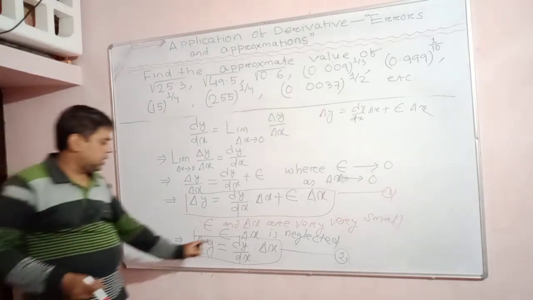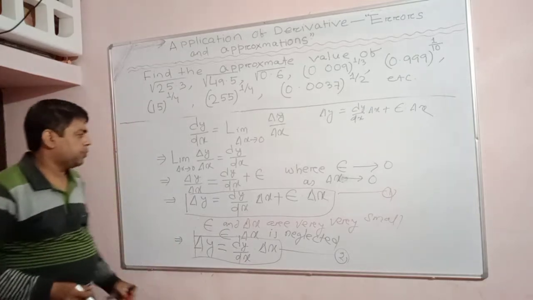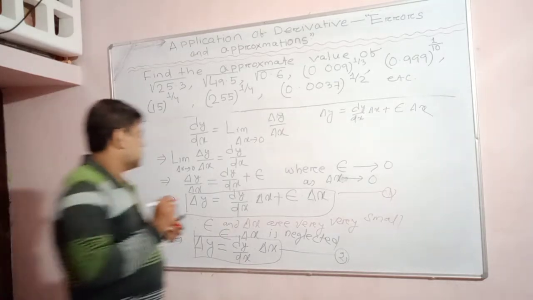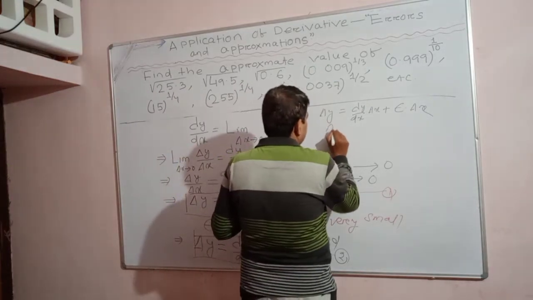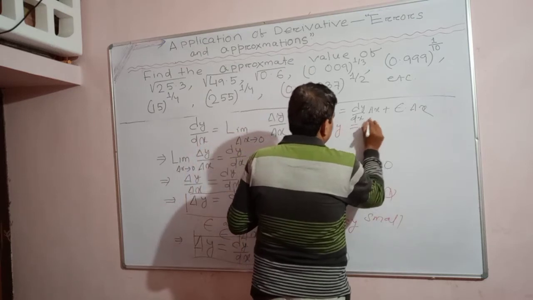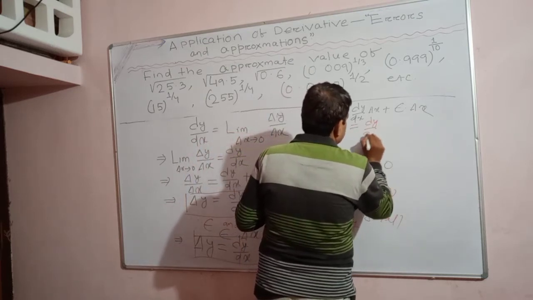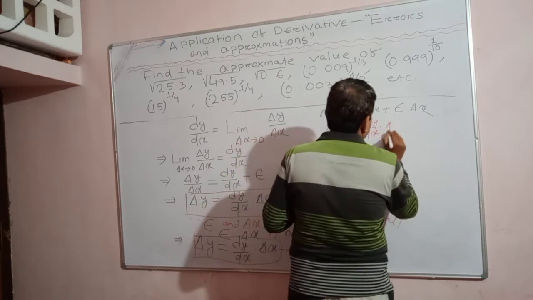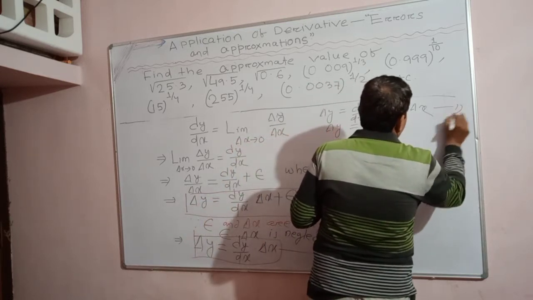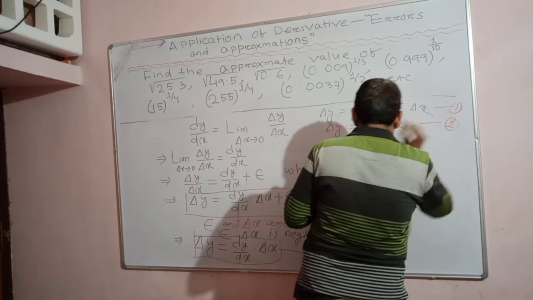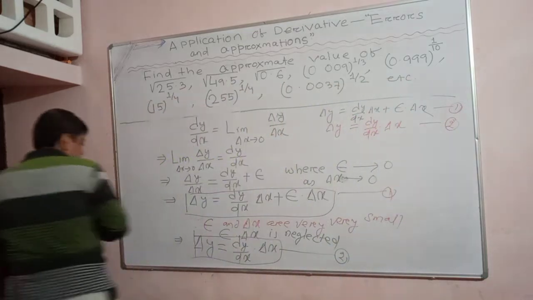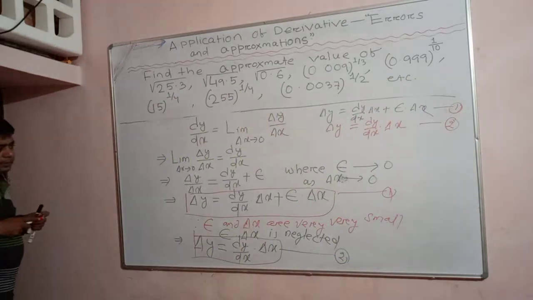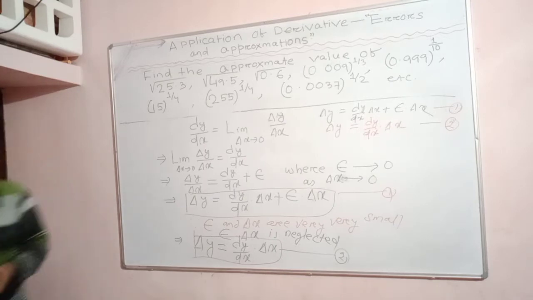Del y is equal to dy by dx into del x is the approximate value. So let us write del y is equal to dy upon dx into del x. This is point 1, and this is point number 2 we got. Okay. This much is clear? Shall I proceed?